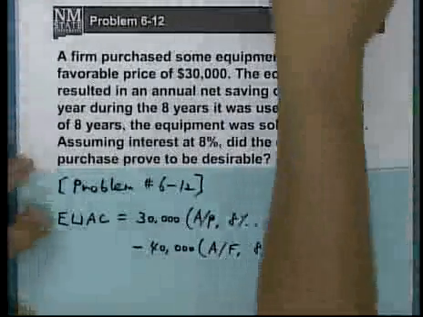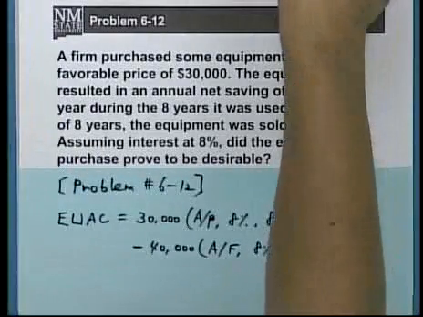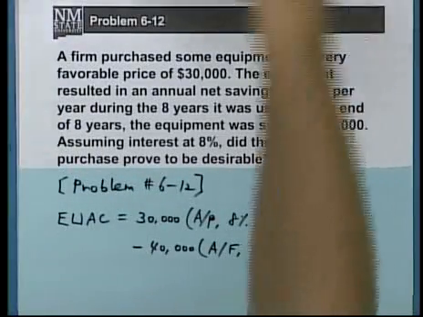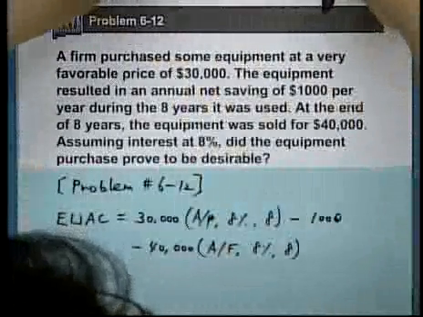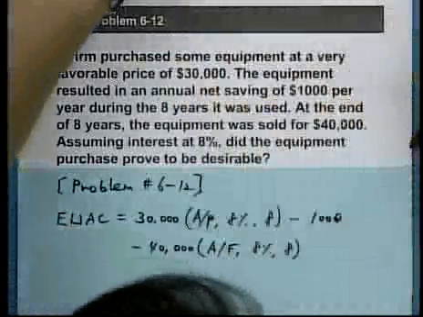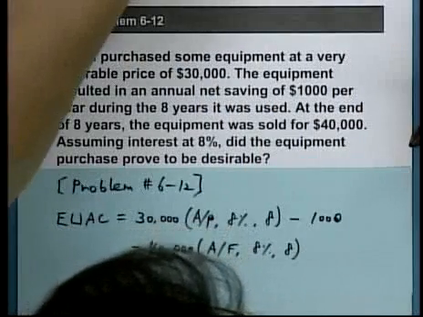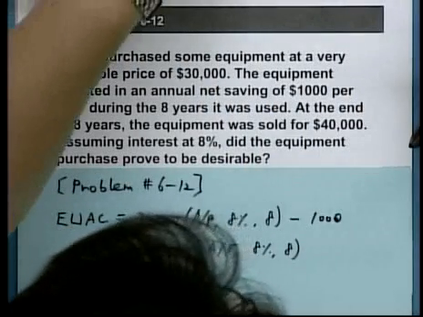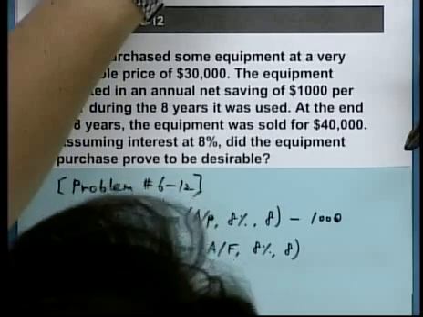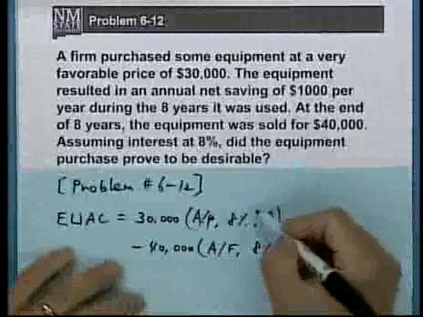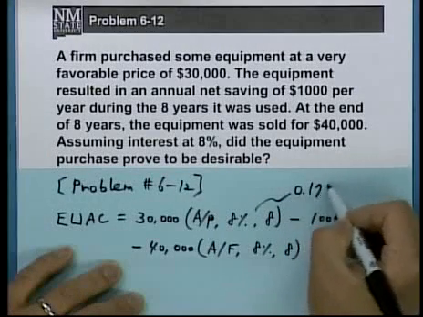So what is this value? A given P, 8% over 8 periods. That is 0.1740.